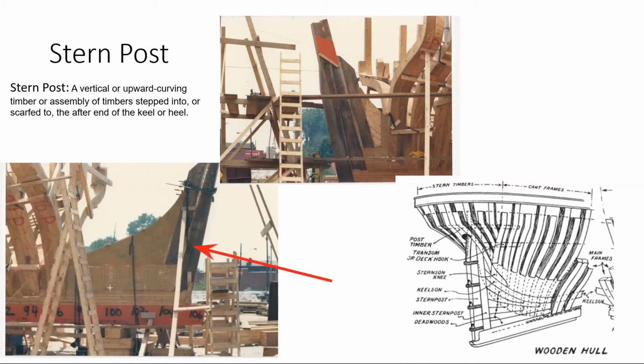So here we have the stern post, and as you can see, many different parts and components here, but ultimately it's all built off the stern post. You have a stern knee, inner stern post.